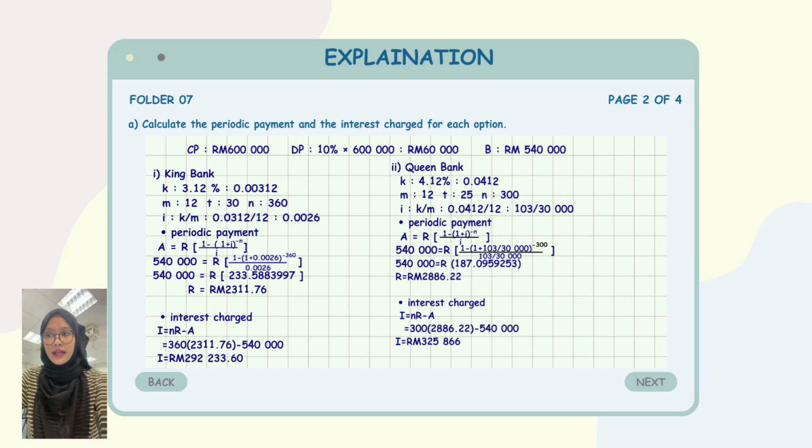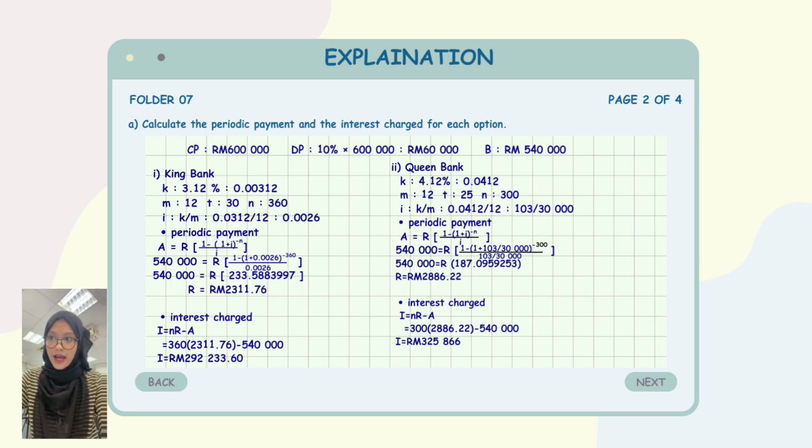Now for A, let's calculate the periodic payment and the interest charge for each option. For the CP, 900,000 times DP 10% equals 90,000. The balance is 540,000. For King Bank, the K is 3.12%, the M is 12, the time is 30, and the N is 360.